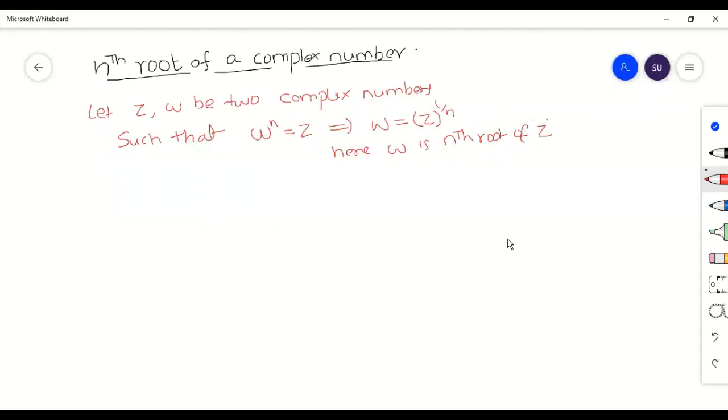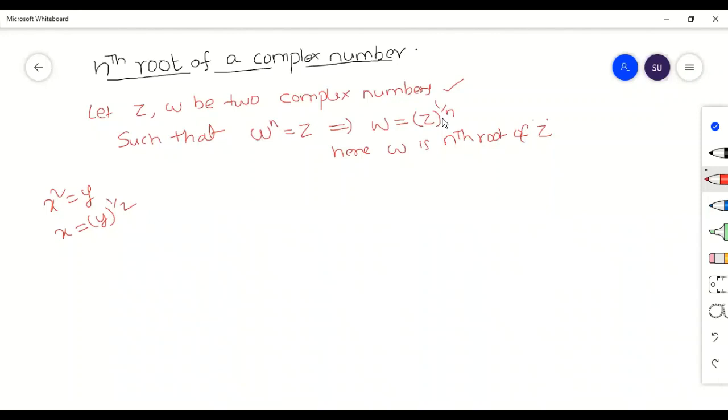Let z, w be two complex numbers such that w power n is equal to z, like x square is equal to y, correct? Then we used to write x is equal to y power 1 by 2, correct? In the same way, w power n is equal to z means w is equal to z whole power 1 by n.